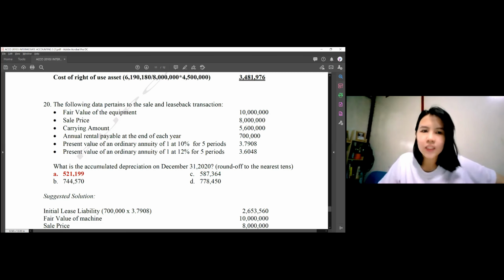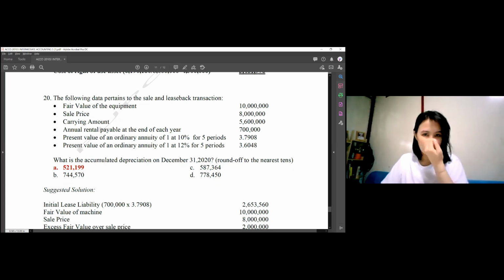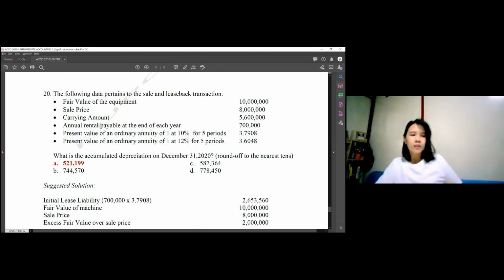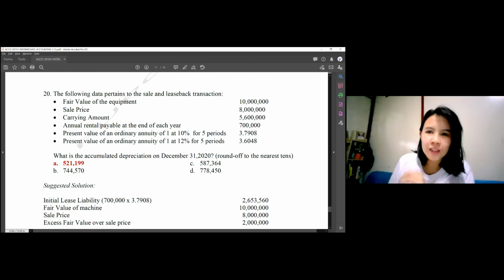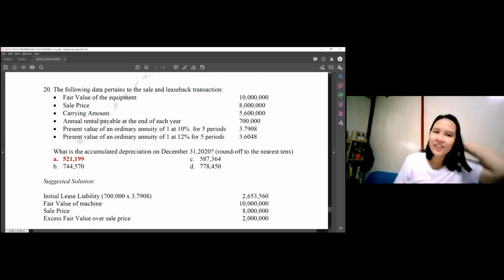But I think based sa solution, if we'll explore the solution, it used 10%. So, I'm not really sure why. It doesn't make sense to me as well kung bakit 10% kasi it never really mentioned if it's implicit or incremental rate. But yeah, let's go around with the problem na lang to wrap this up since hindi naman natin kontrolado na wala siyang given na incremental rate.